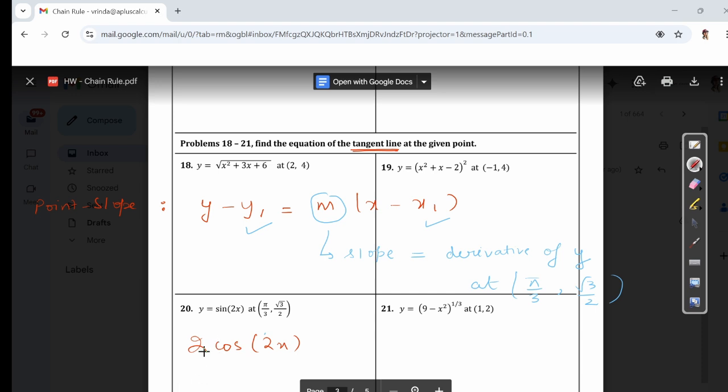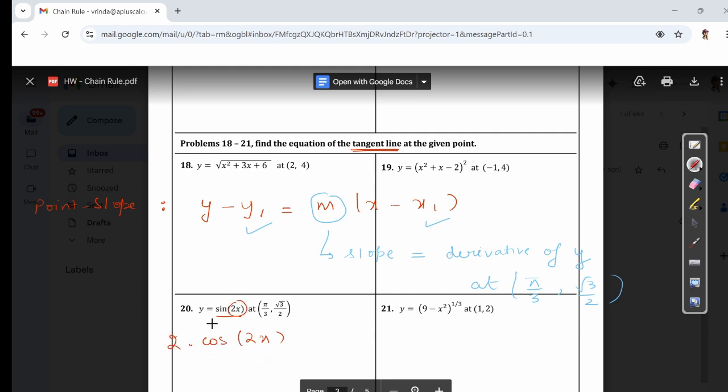Oh, okay. Yes. So remember, this is the composition. So you're doing derivative of sine of 2x, which will be cosine of 2x, and then you're multiplying it by derivative of 2x, which is 2.